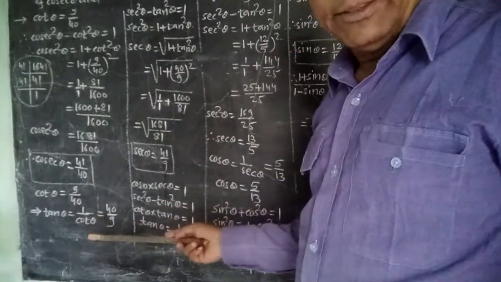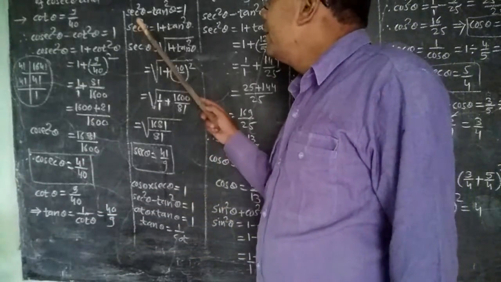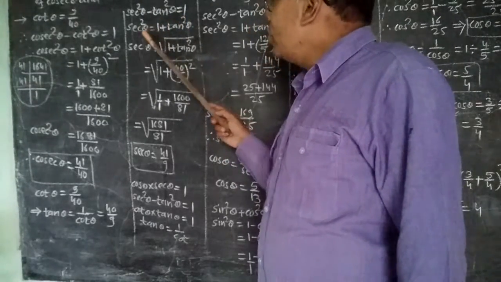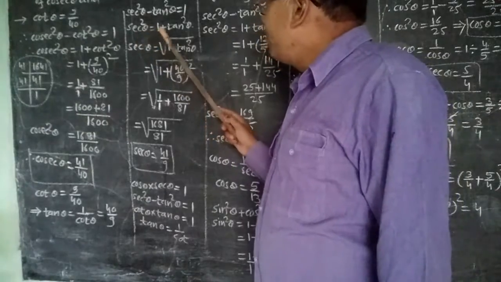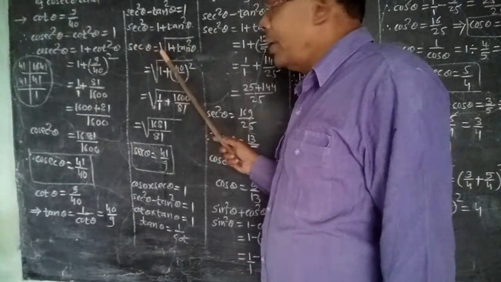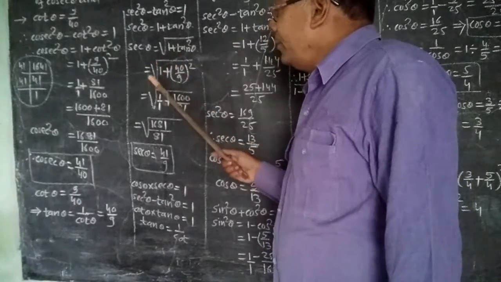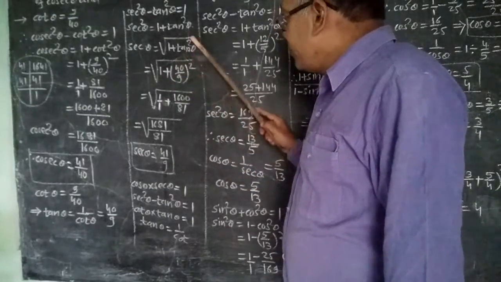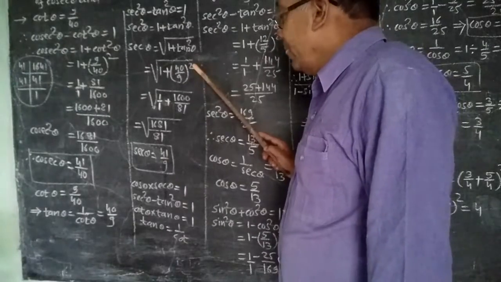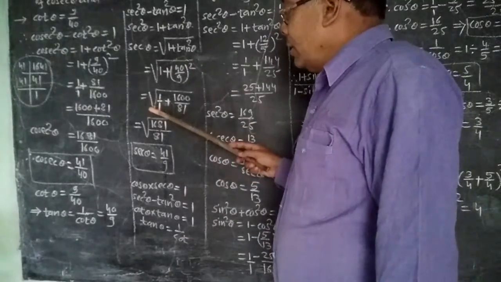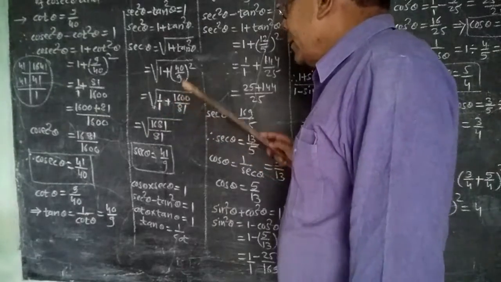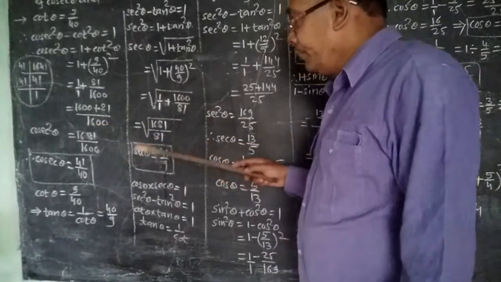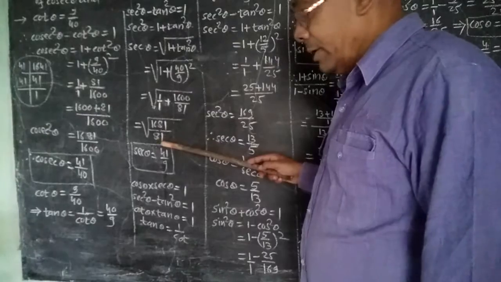if the value of tan theta is known, then we can apply the identity sec square theta minus tan square theta is equal to 1. Here sec square theta is equal to 1 plus tan square theta, or sec theta is equal to under root 1 plus tan square theta, and that is equal to under root 1 plus (40 upon 9) whole square, and therefore we can write under root 1 plus 1600 upon 81, means 40 square is 1600 and 9 square is 81, and the addition will be under root 1681 upon 81.